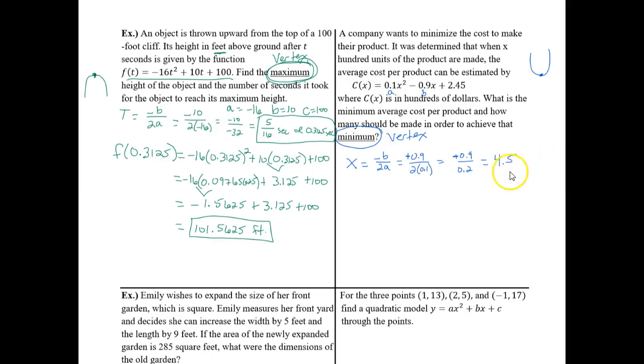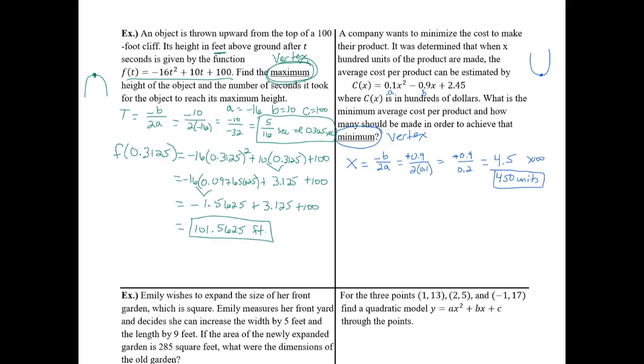Now that doesn't mean we're making 4.5 products, because this is in hundreds. So X is in hundreds of units. So really we would multiply this by 100 and get 450 units. So you would need to make 450 units to get the minimum cost per product.